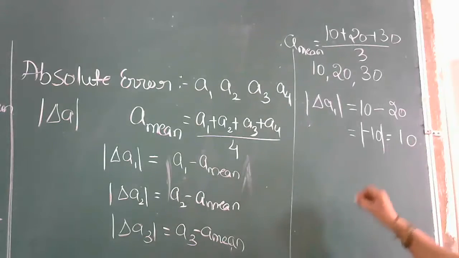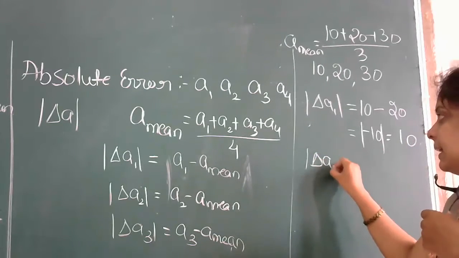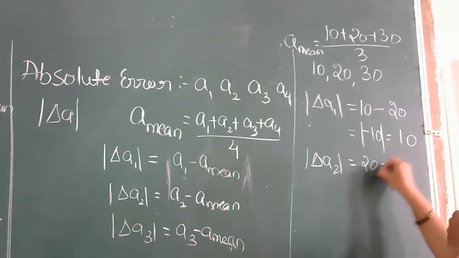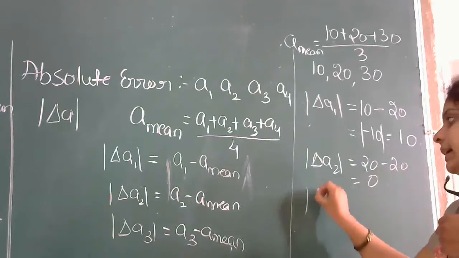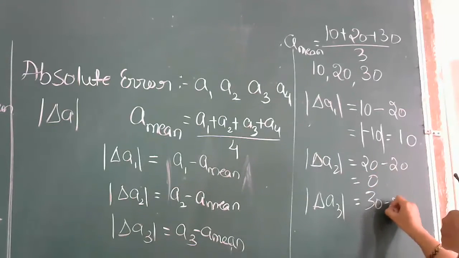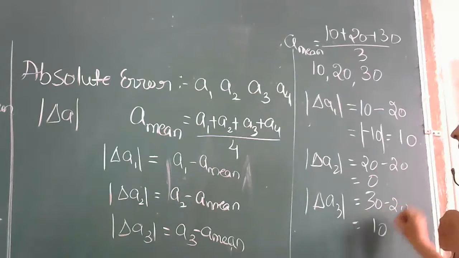Next, delta A2 is equal to 20 minus 20, which is 0. Then delta A3 is equal to 30 minus 20, which is 10. This is how you calculate the absolute error.